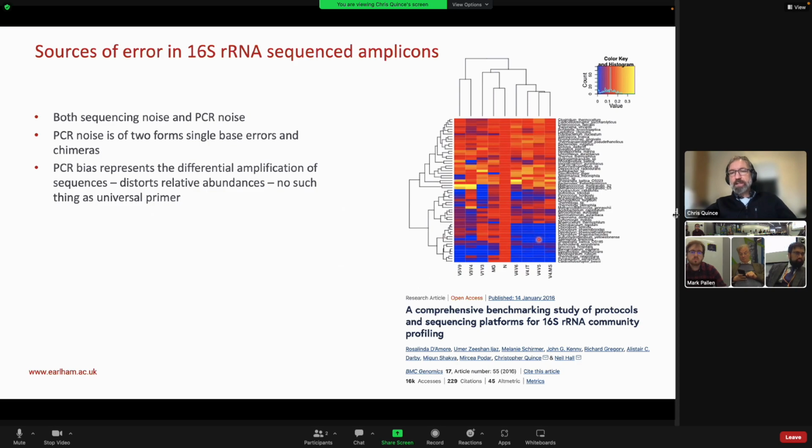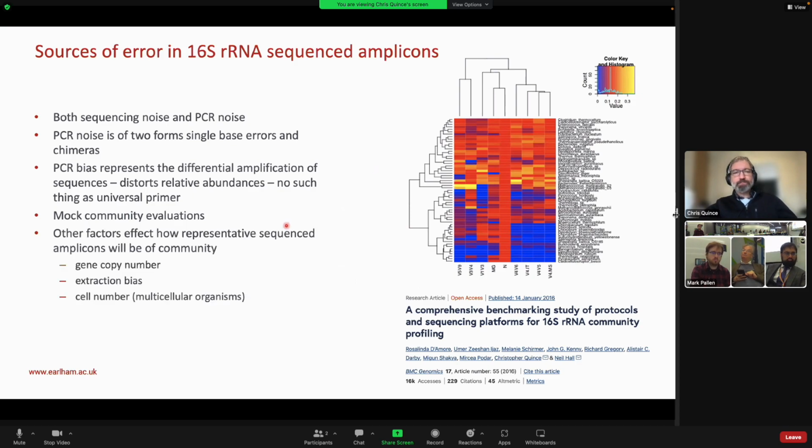These are a load of species that were missed by all these primers, okay? So that's important to bear in mind. Your 16S sequencing gives you a distorted view of the community. Metagenomics is better, but it's still not perfect. And that's due to DNA extraction biases.